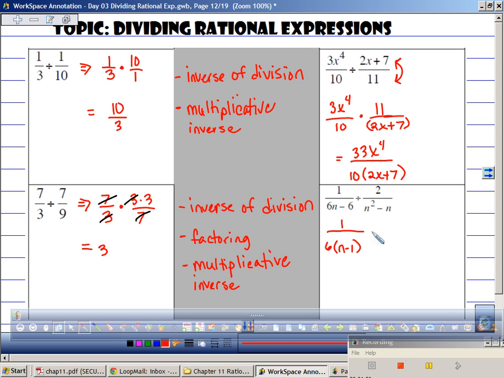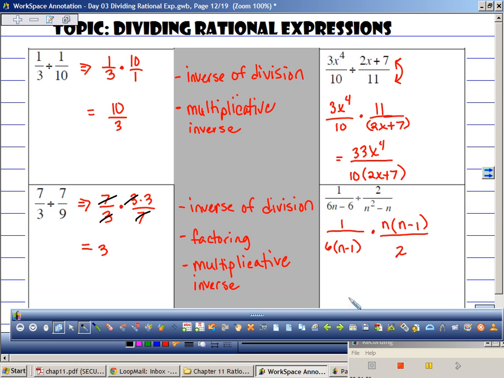What am I going to do with this division? And if I turn that into multiplication, I also have to turn this one around, right? So how would I factor n squared minus n? n times n minus 1, all over 2.